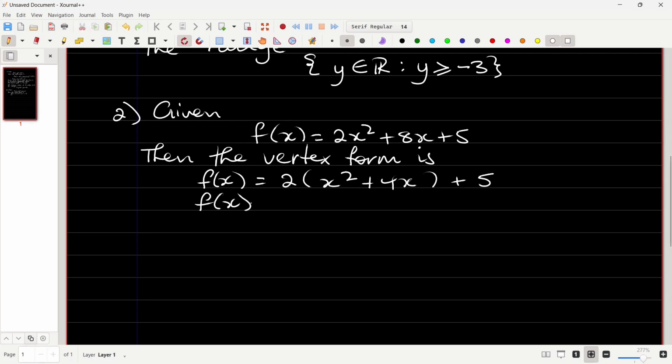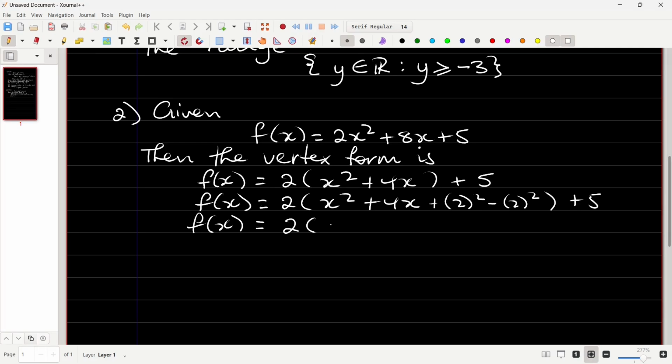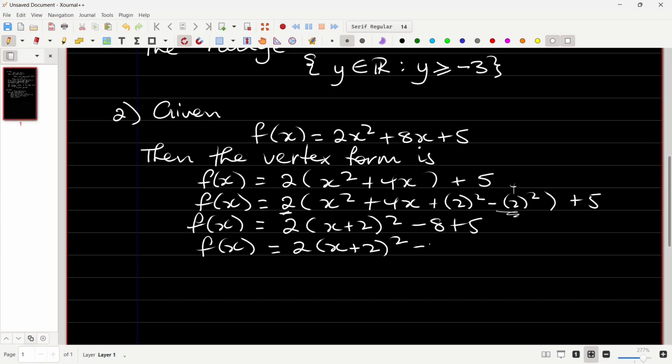Then f of x would be equal to 2 into x squared plus 4x plus 2 squared minus 2 squared, and then plus 5 at the end. Simplifying this, we have f of x would be equal to 2 into x plus 2 squared. Then we have this 2 out here by this minus 4, so positive 2 by minus 4 is minus 8. So we have minus 8 plus 5, and we work that out. So f of x is equal to 2 into x plus 2 squared minus 3.